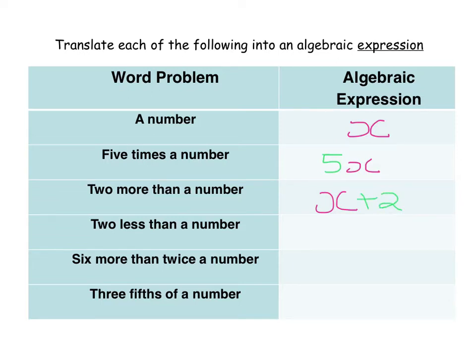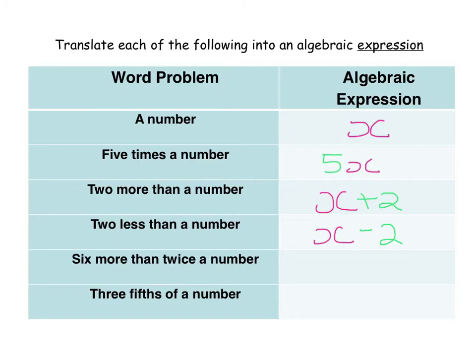This can also be written 2 plus x. 2 less than a number, we would need to subtract 2 from x. However, this cannot be written as 2 minus x. That would give you the same value, but the opposite sign, and that would be incorrect.